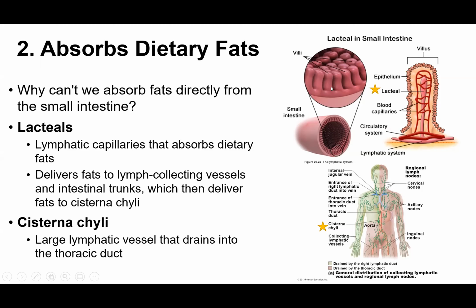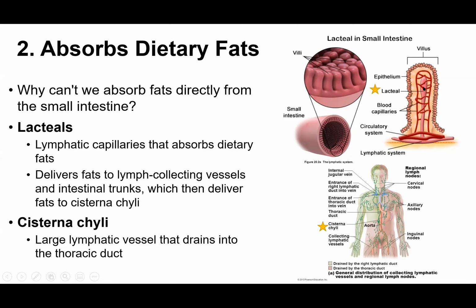But fats are too big to put into these little tiny vessels, these little tiny blood capillaries. So instead, we put fats into these bigger structures that are right in the middle of these villi called lacteals. And lacteals are lymphatic capillaries.